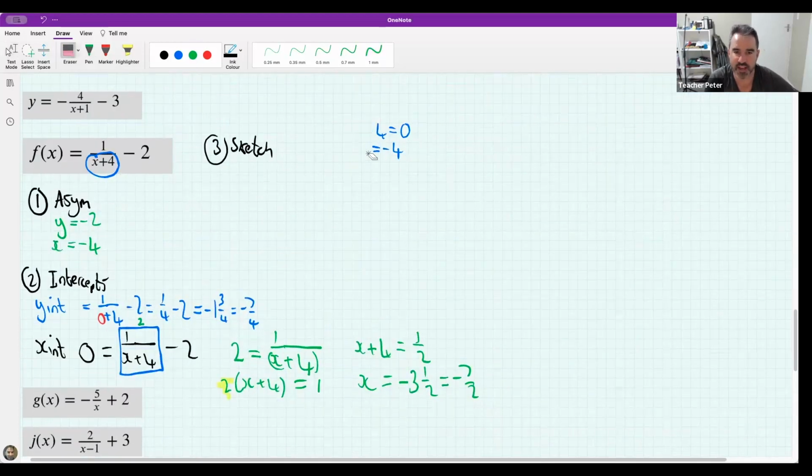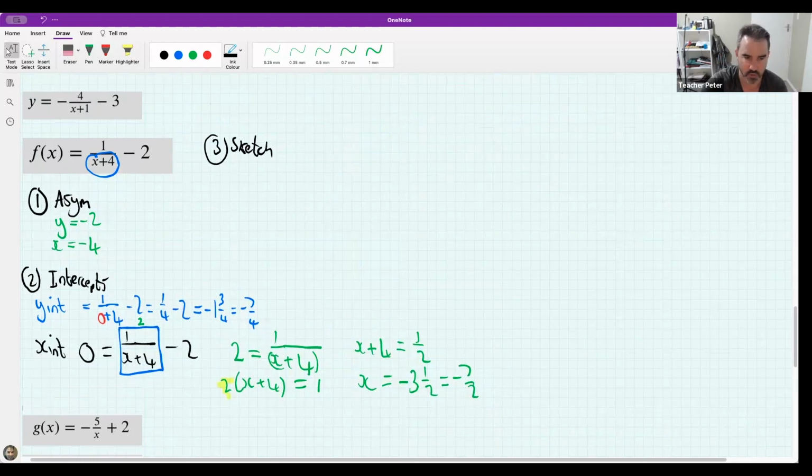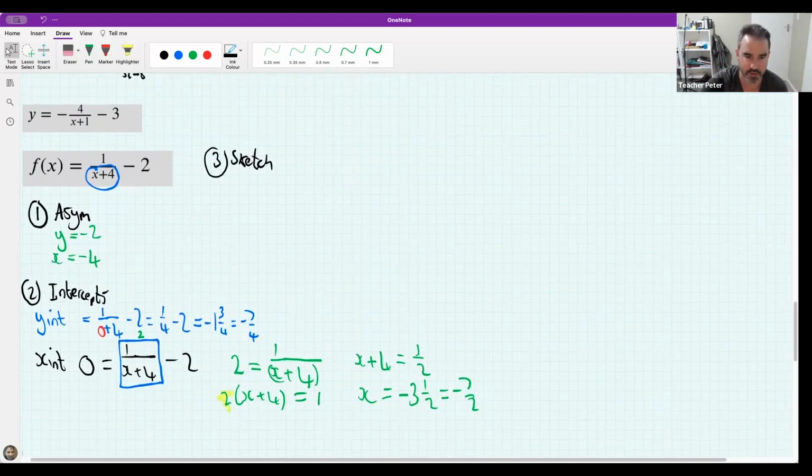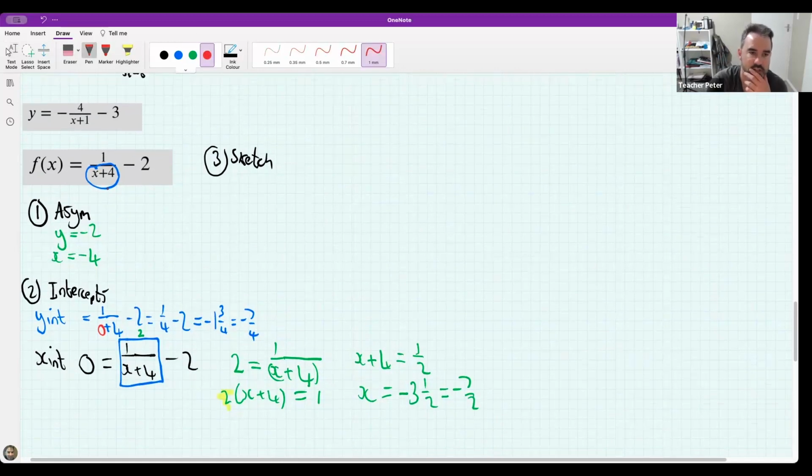I've got all my asymptotes. I want you guys to draw the graph. And when you have drawn the hyperbola, I want you to tell me done in the chat. So I want to give you a chance to take all this information. Okay, so you've got this information here. You've also got this information here.